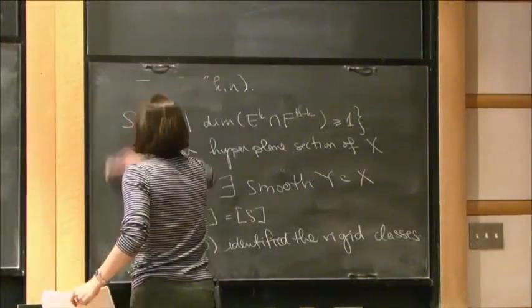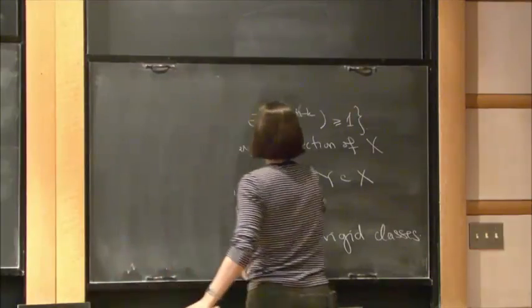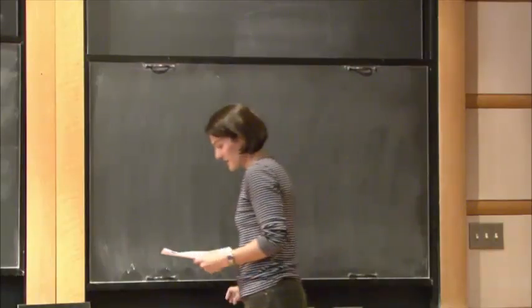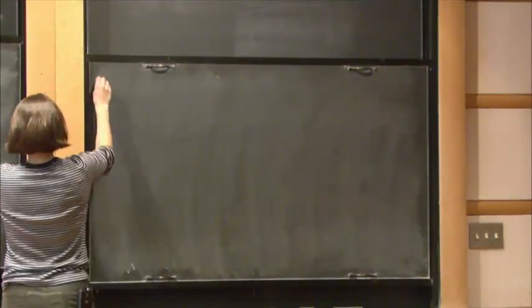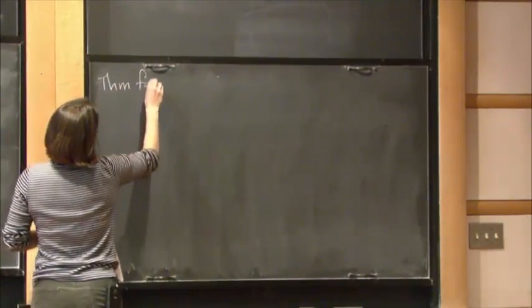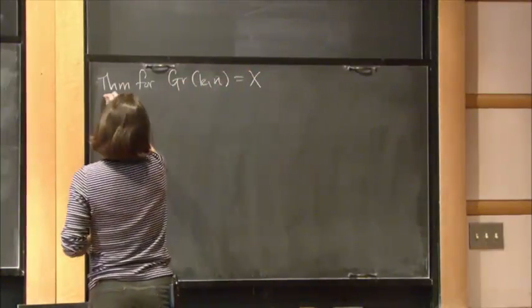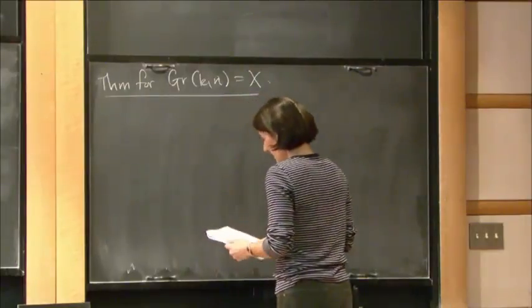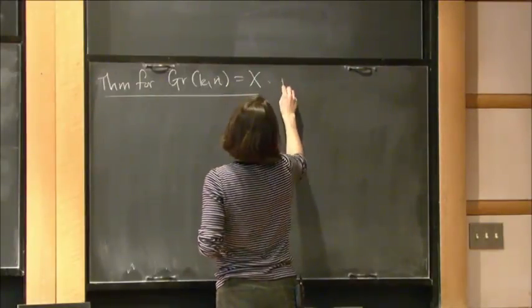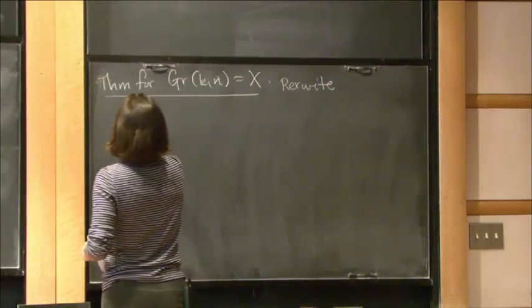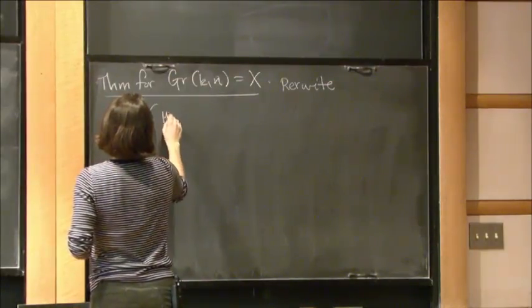Okay, so let me give you the theorem in the case of the Grassmannian, the geometric statement of the theorem. So this is the Grassmannian of k-planes in n-space. The first thing I want to do is rewrite our increasing sequence lambda to absorb redundancies.